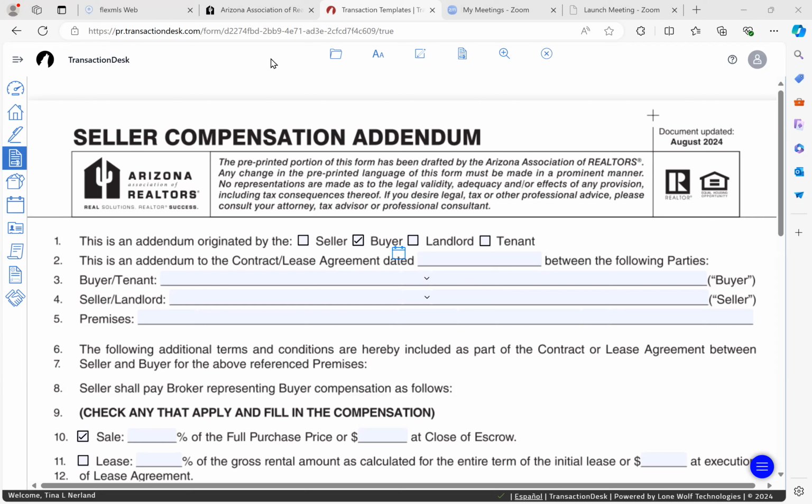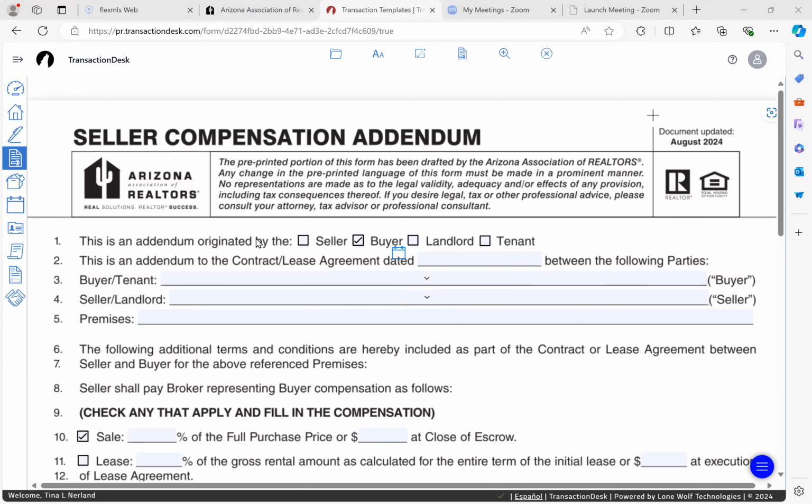They then in turn initiated this compensation agreement between brokers, sent it to me, I signed it, and I sent it back. So in that case, the buyer's agent initiated it, but it really could be either side. You are more than welcome.